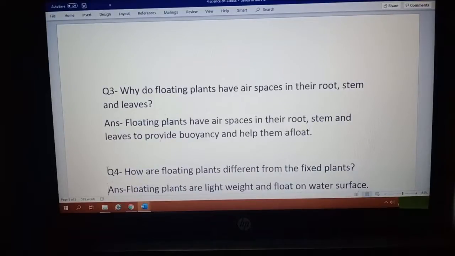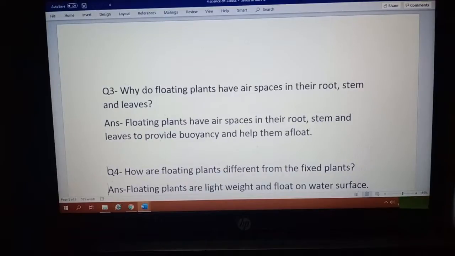Actually that is the stem of the lotus plant. And if you have seen that kamal kakdi, it is like a sponge kind of material, means the air space is present between these stems that we use as a vegetable.